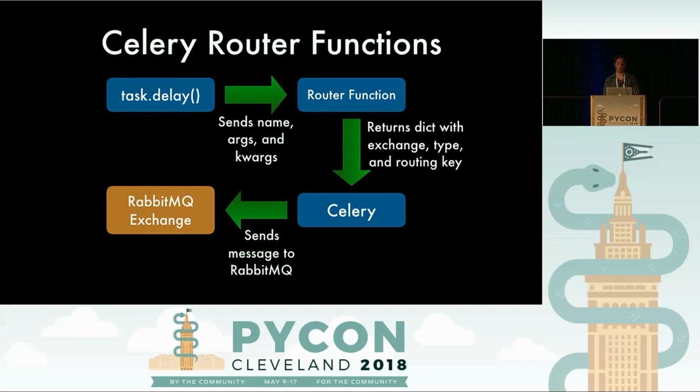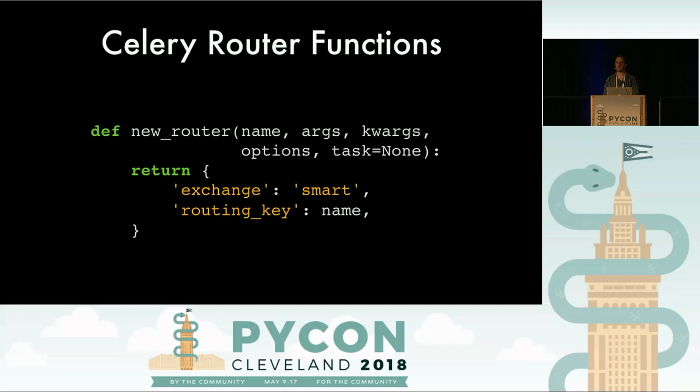Here, it will get picked up by one of our Celery workers, which will run the task and store its result in our storage layer. Now, going back to our function, in this case, all this function does is return a dict specifying that all messages should be sent to our new smart exchange, with a routing key equal to the task's fully qualified name.